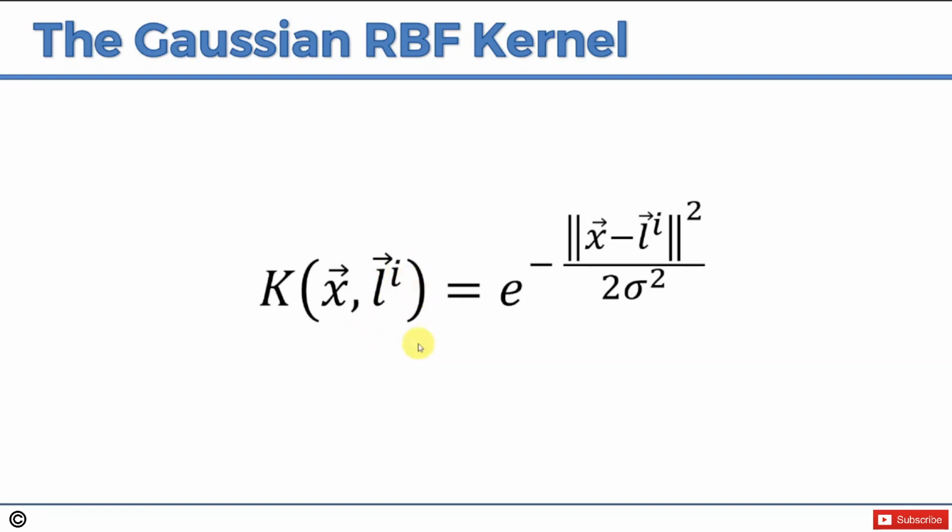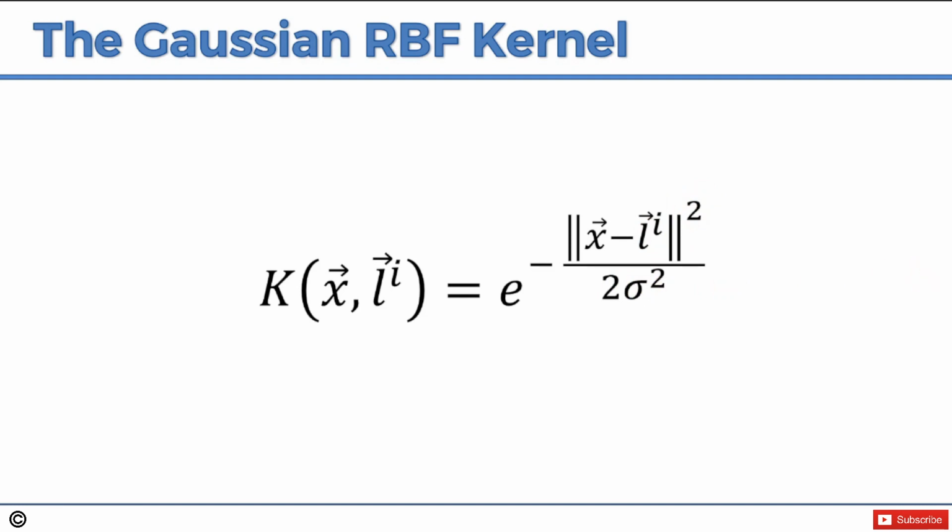The i means there might be several landmarks, but we're not going to worry about i for now. We're just going to look at this as a landmark, and then that equals e to the power of minus the double vertical lines, which mean the distance between x and the landmark, squared, divided by 2 sigma squared.